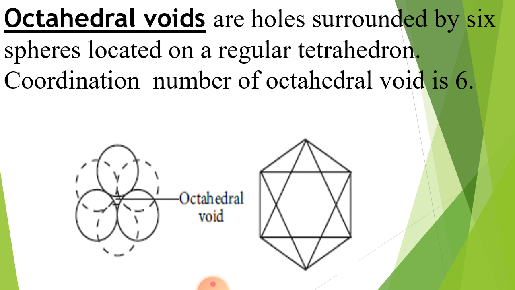A void is covered by 6 spheres. That's why the void is known as an octahedral void, and the coordination number of an octahedral void is 6.